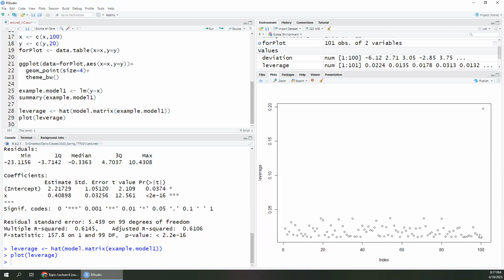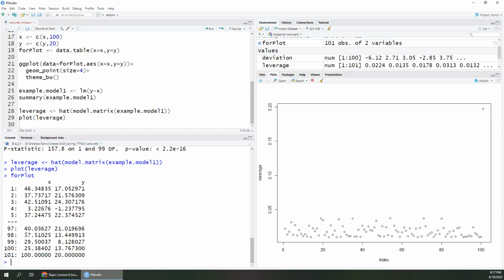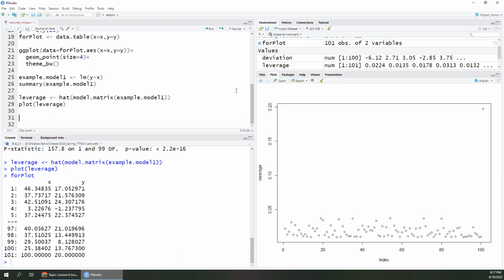The order of these is just the order in the data itself. So you can see, if I pull up the data table called for plot, the last point, the 101st point, is our outlier. And so that's 101 over here corresponding to this point. So one of the ways that I can determine whether something looks really out of place is visually with something like this.